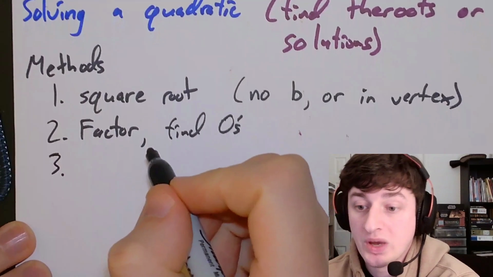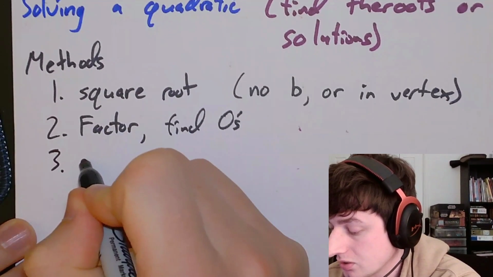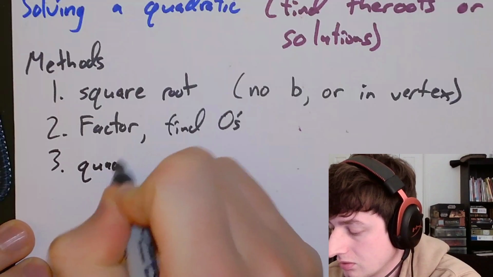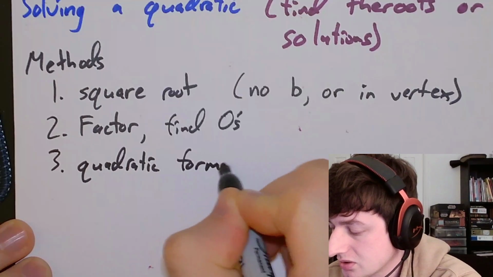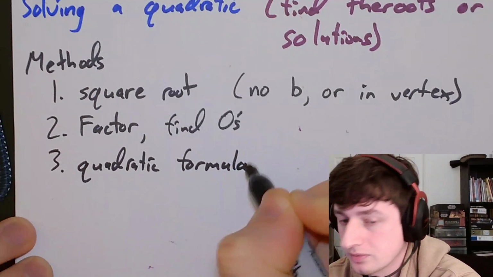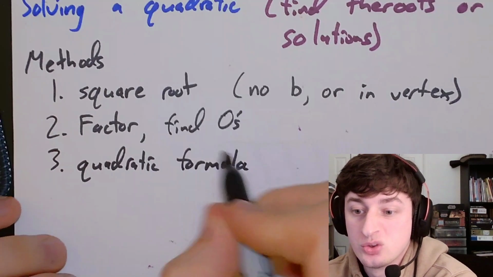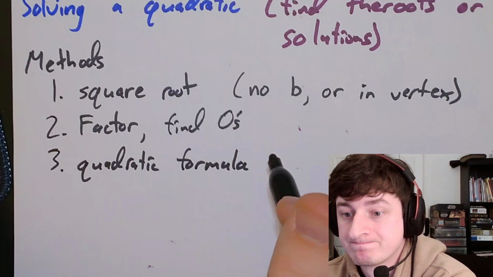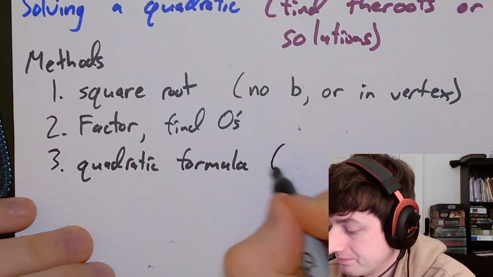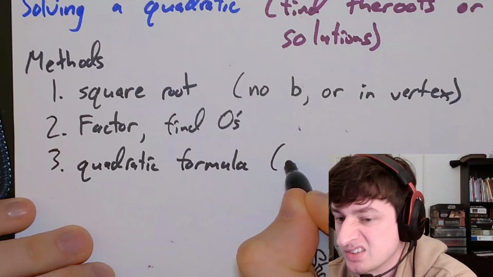Third method is the quadratic formula, and we're saving this for last. So we're not going to do this yet. When would you do the quadratic formula? Anytime, if it's in standard form.